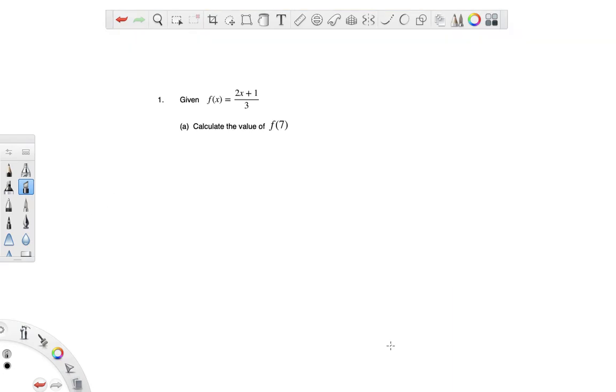So here we have an exam style question. It says, given that f of x is equal to 2x plus 1 all over 3, calculate the value of f of 7. So from the question, we know that our function f of x is equal to 2x plus 1 all over 3. So we want f of 7. So it's just like what we've been doing.